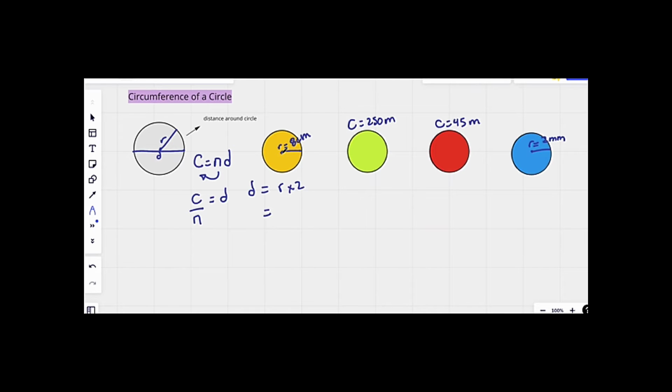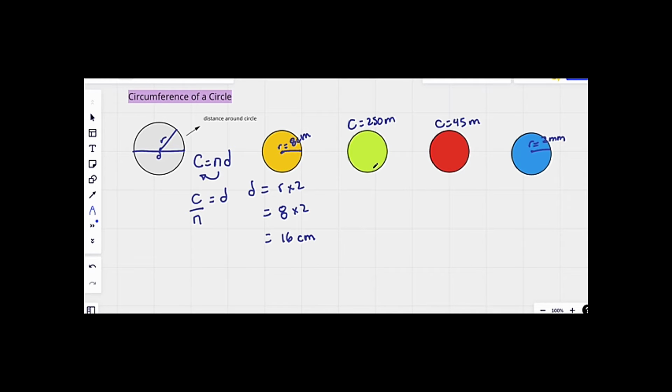So in order to calculate diameter, which is the full distance across, we've got to multiply by 2. So if we've got 8 multiplied by 2, then our diameter would be 16. And 16 what? 16 centimeters, because that was the measure that we were using.